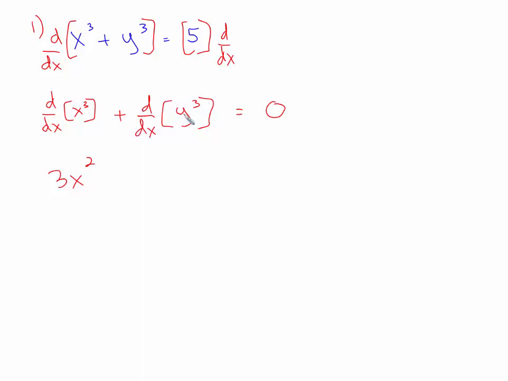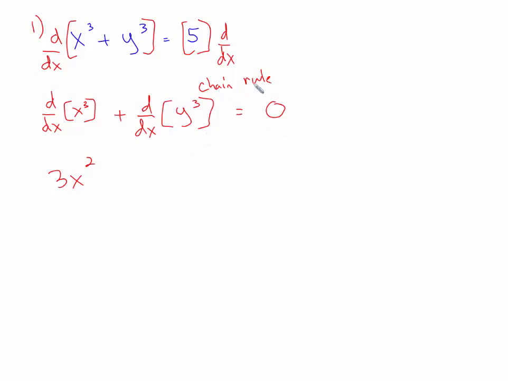Over here, it's a little bit tricky, because we're taking the derivative with respect to x, but we have a y. So the way this works is you have to treat this like a chain rule.